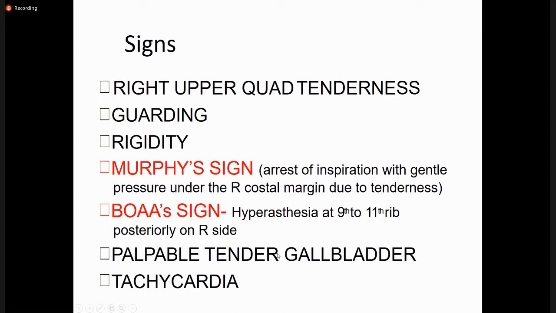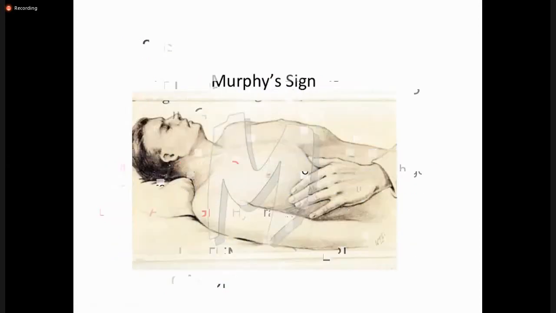Boas's sign is basically hyperesthesia of the 9th to 11th rib posteriorly on the right side. You may have a palpable, tender gallbladder and even tachycardia. Now this is a picture showing Murphy's sign. You will place your hand on the fundus of the gallbladder and ask the patient to take a deep breath, and he's going to suddenly wince as you press on the fundus.